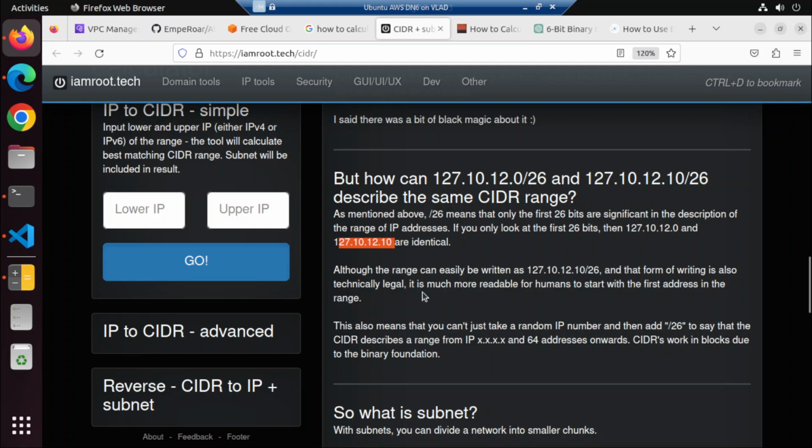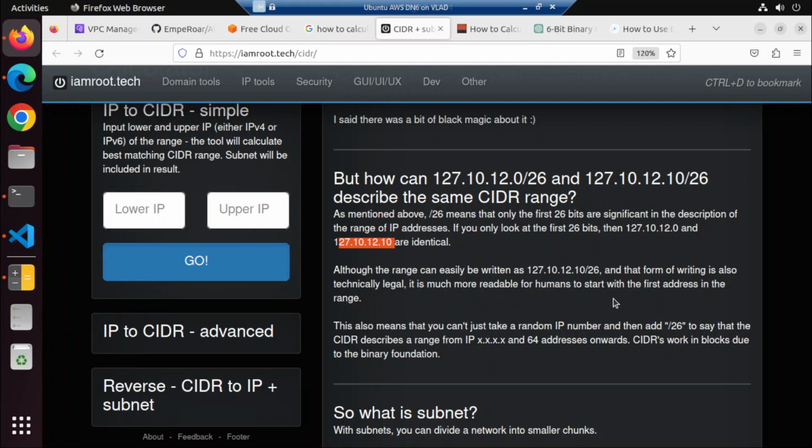Although the range can easily be written in the other form, that form of writing is also technically legal, and it's much more readable for humans to start with the first address in the range.